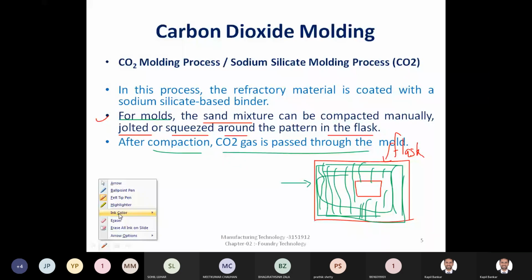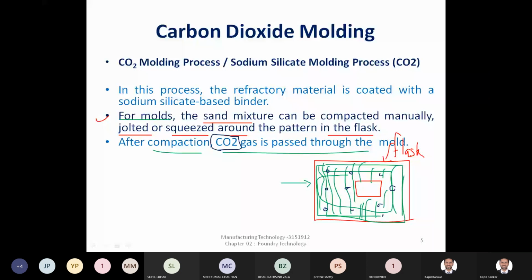Suppose here you make a number of holes with the help of a rod, 10 to 15 holes, and then apply the CO2 gas through these holes. Suppose I have a nozzle.